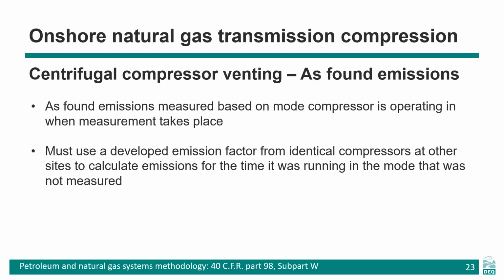If using as-found measurements, each compressor or manifolded group can be measured in either operating mode or depressurized mode based on what it is running in when measurements are taken. A developed emission factor from identical compressors at other sites that have measurements in the mode not measured must be used to calculate emissions from the compressor for any time it was operated in that mode during the reporting year.